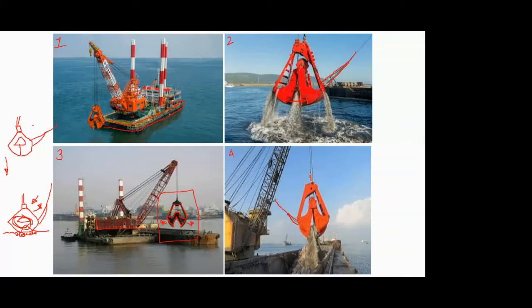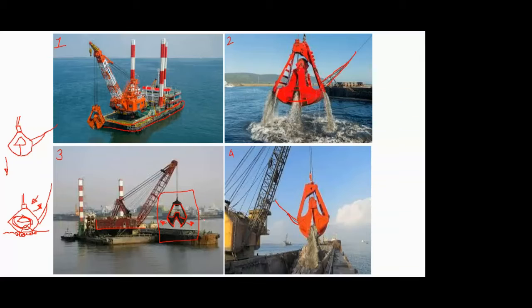Okay? So if you think over the advantages or suitability, where this kind of dredging can be used, could you think of any situation related to soil where you can use it? I have given you a pictorial representation of what it is. In figure number 3, you are seeing this grab bucket.